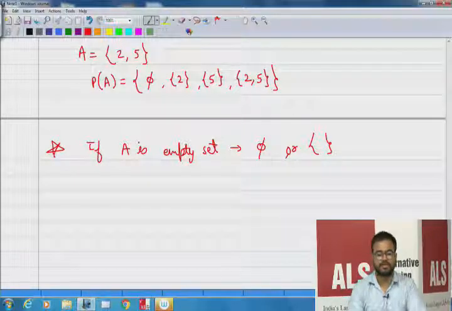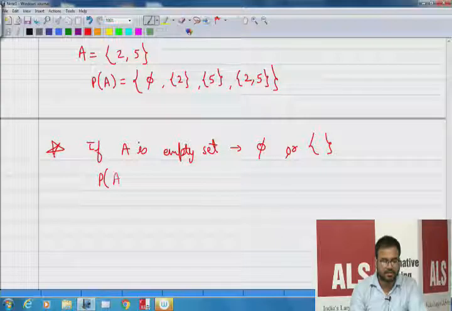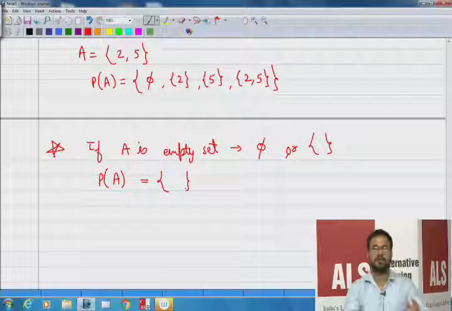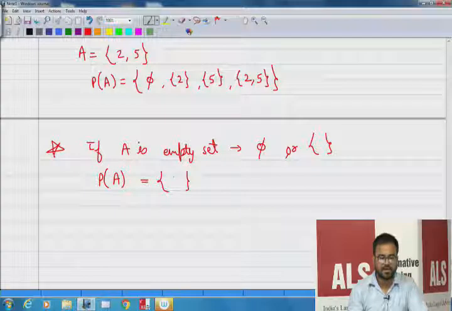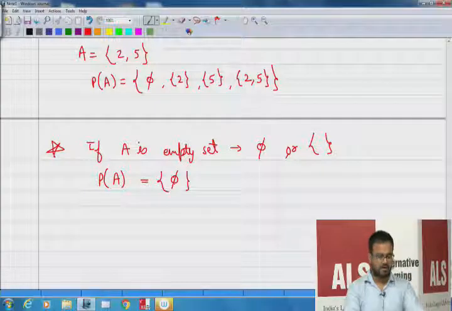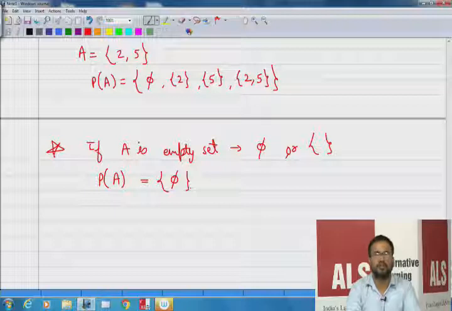So either you can write like this. Then for the power set of A, since it has no element, this symbol will always be there because we are writing a power set, and it has to be in curly brackets. So you will write φ. The power set of any void set or null set is denoted this way.